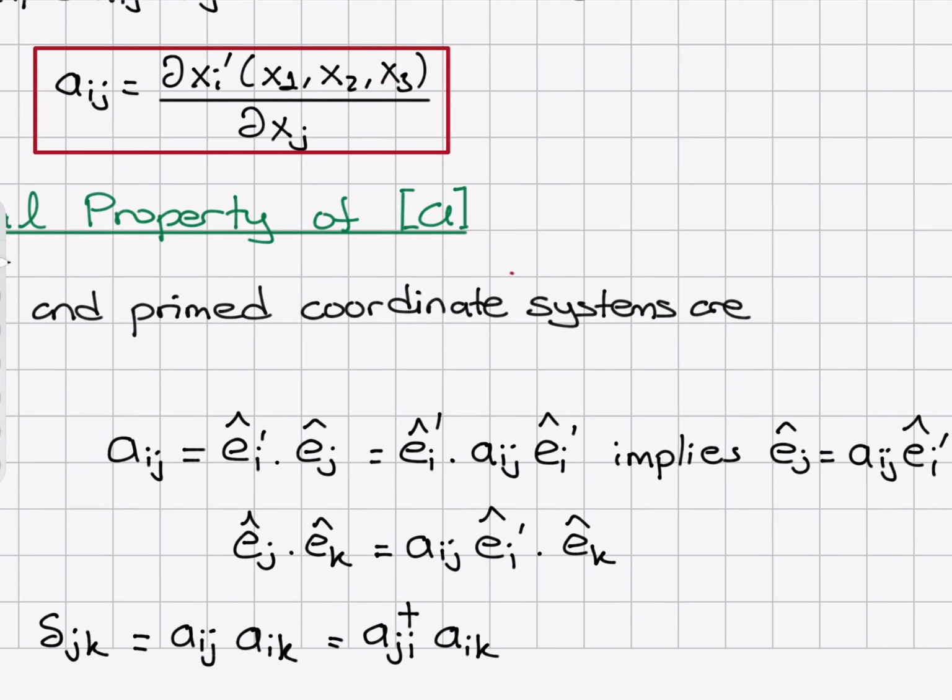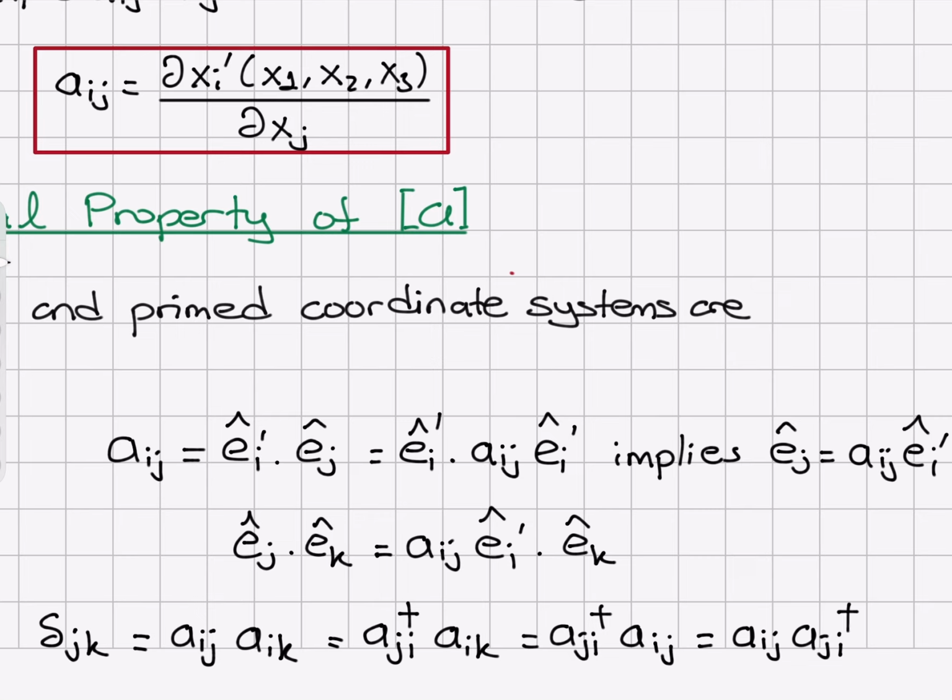Now K is a dummy index, so I can also call it J. So let's call it J. Aij. And A transpose Ji is Aij, but Aij is equal to A transpose Ji.